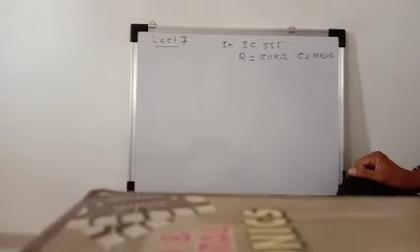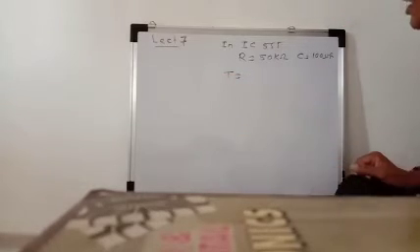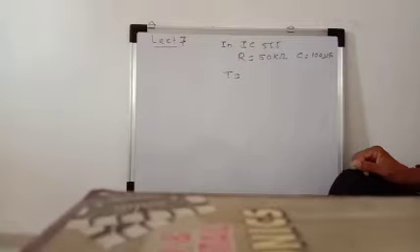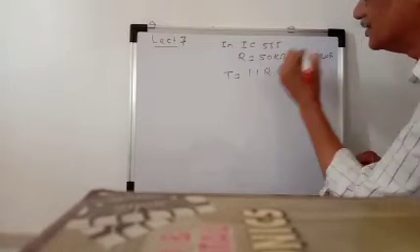Then find its time delay. Time delay means T. In a monostable multivibrator, T is equal to 1.1 R into C.